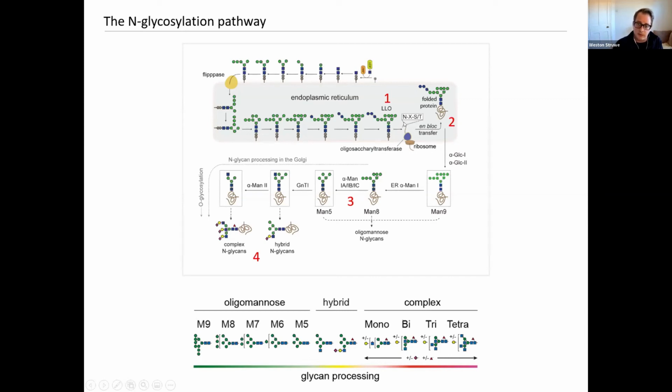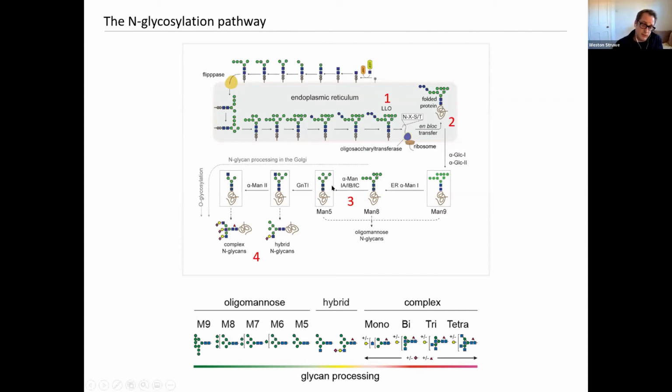The second step is the transfer of this precursor to a nascent protein in the ER, followed thirdly by trimming of the mannose residues as well as the glucose residues. And this gives rise to one class of glycoproteins that are termed oligomannose or high-mannose type sugars.